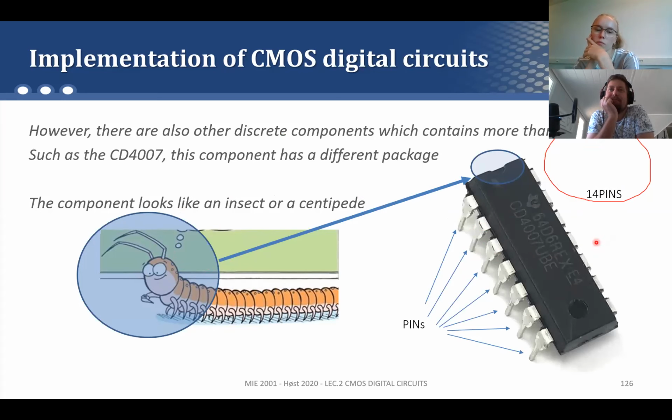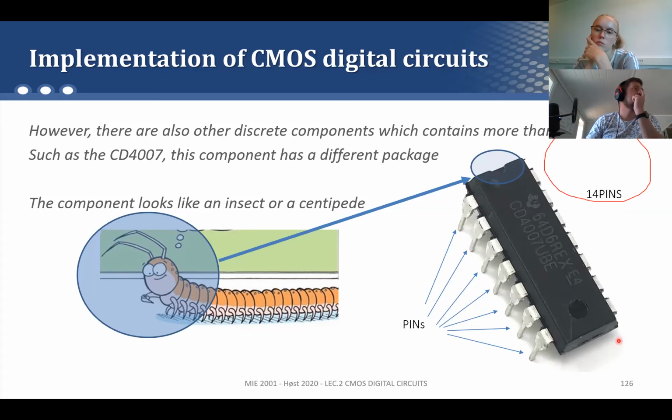And also for this component, which we will call from now on an integrated circuit, the head is the most important part. You can see it in blue here, where I circled it. This part gives you the orientation of the component. Once you check where this part is, then you know which is pin 1, terminal 1 of this component.